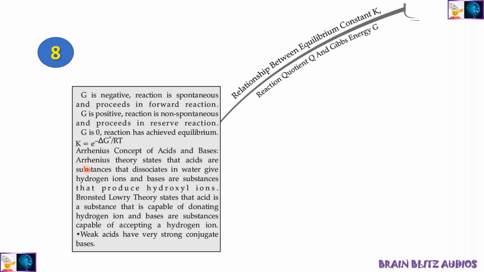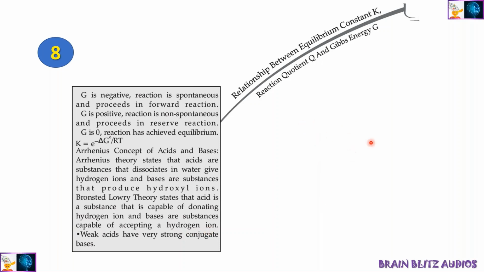However, there are other theories which are complementary to these. One of them is the Bronsted-Lowry theory. Bronsted-Lowry says that an acid is a substance that is capable of donating a hydrogen ion. This is true since an acid has a lot of H+ ions. And bases are substances capable of accepting a hydrogen ion.